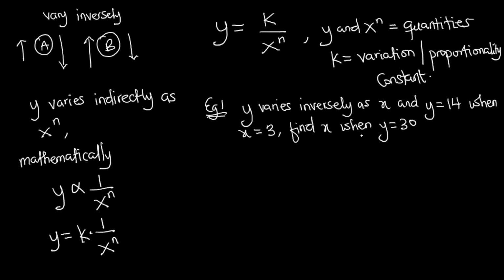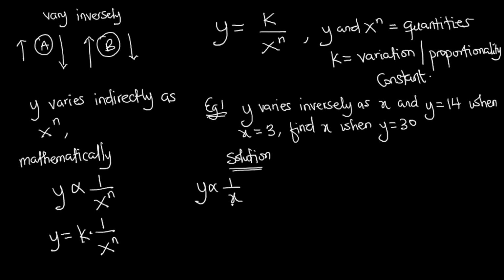So let's try and work out the solution for this problem. We've been told in the question that y varies inversely as x. So let's write down that expression first before we proceed. So y varies inversely as x.